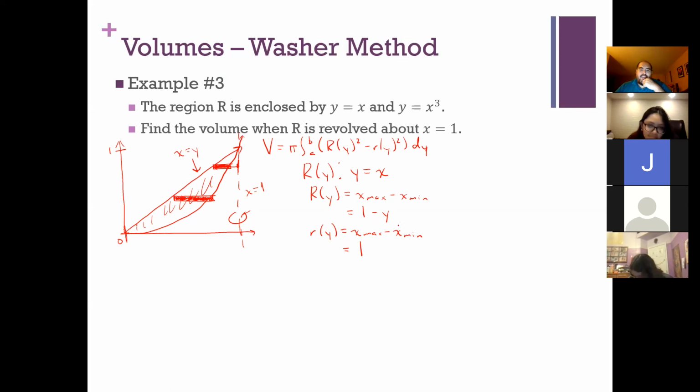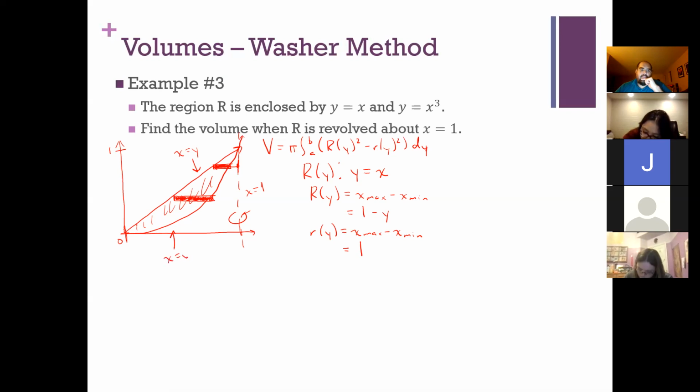But now for the inner radius, what is my x min going to be? y to the 1/3. How'd you get y to the 1/3?